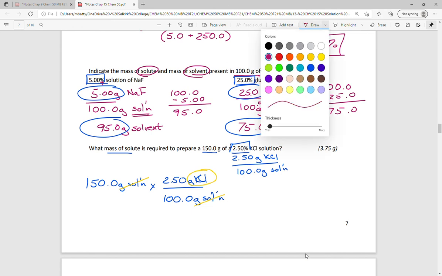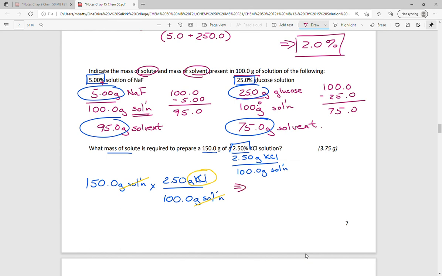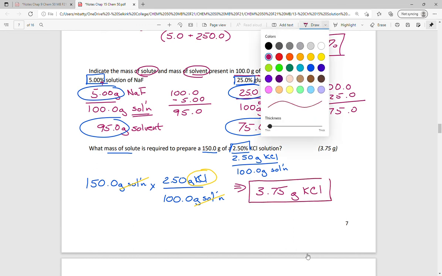That allows me to crunch my numbers and say it's 3.75 grams of KCl.